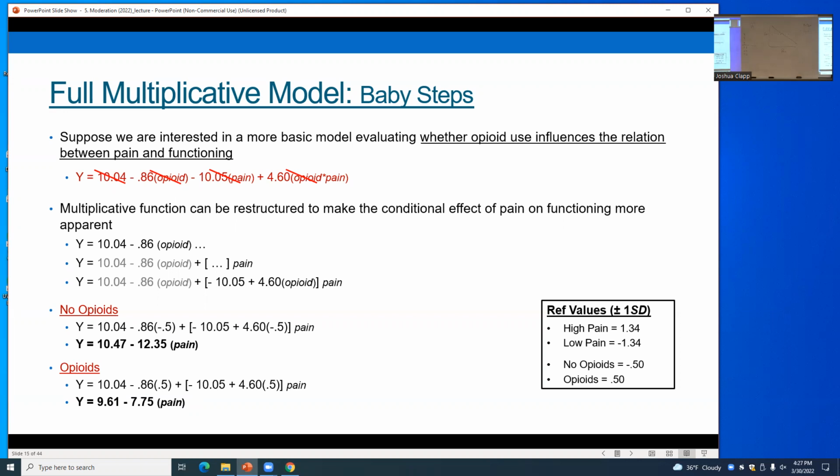What value you plug in for opiate use is going to change what this number is. So this restructuring allows you to plot out your simple slopes, but it's also very clearly saying that this coefficient of pain, the unique effect of pain on my outcome, depends on what value I put in there. If I put in different values, it's going to change the nature of that relation, which is the heart and soul of moderation.